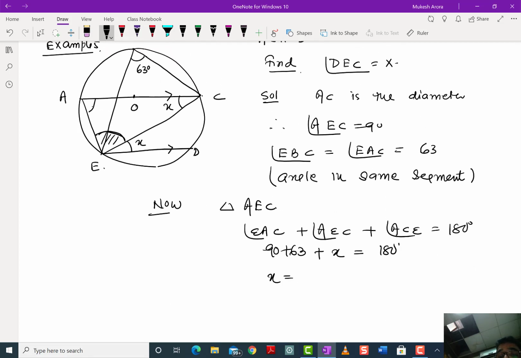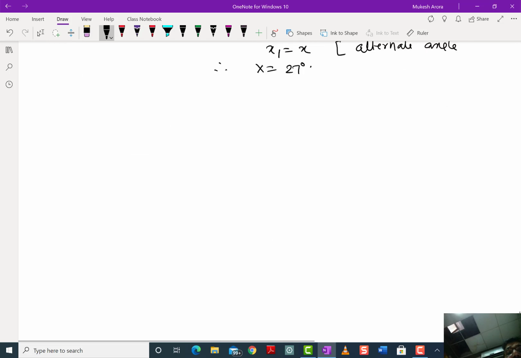So x is equal to 27. So x1 we can write x1. So x1 is equal to x, alternate angles. Therefore x is also equal to 27 degrees.